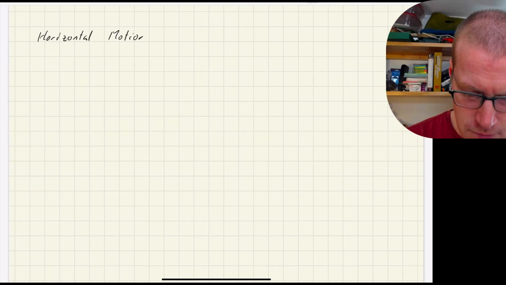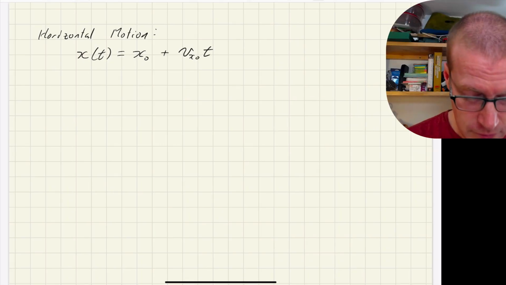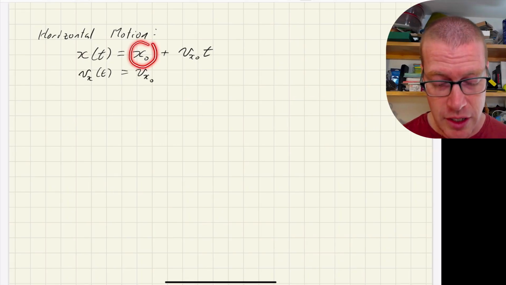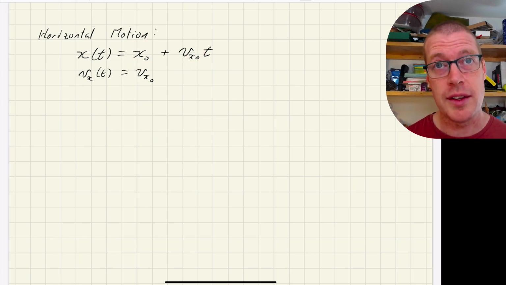Mathematically, we write that the horizontal motion follows our equations of constant speed, and the velocity is constant. Here, x naught is our initial position, vx naught is our initial velocity.